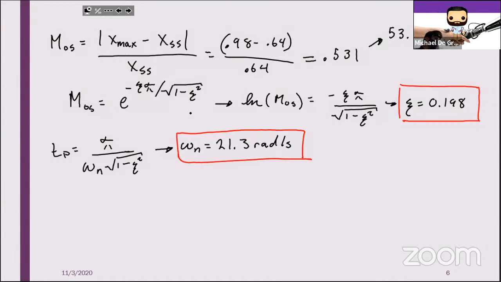We're going to try to get M, B, and K first. So remember standard form. Let's go back and look at standard form.